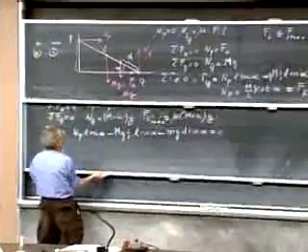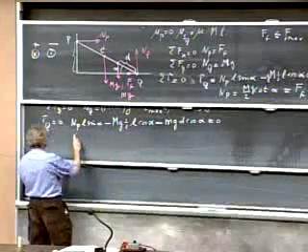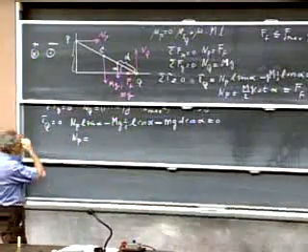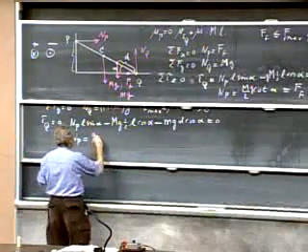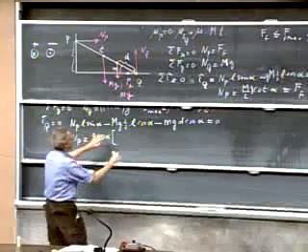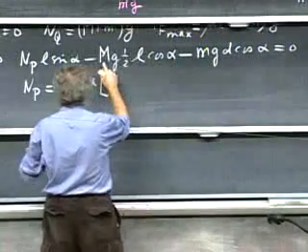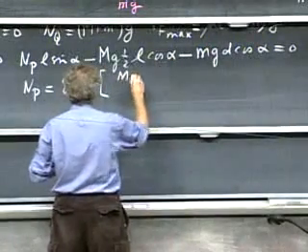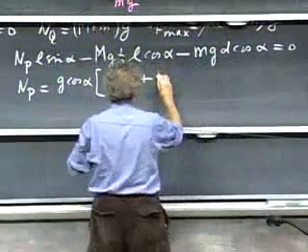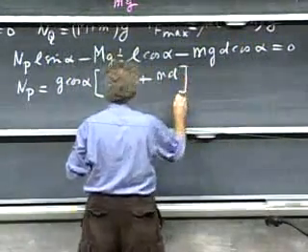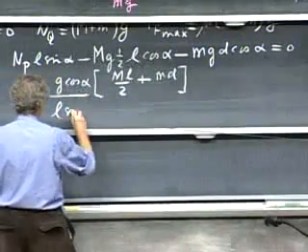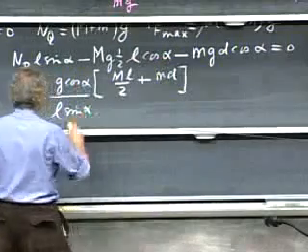So I'm going to take N of P out of here. I can take g cosine alpha out. So if I take g cosine alpha out, I have ML divided by 2 left over, plus little md. And then I have to divide by L sine alpha.